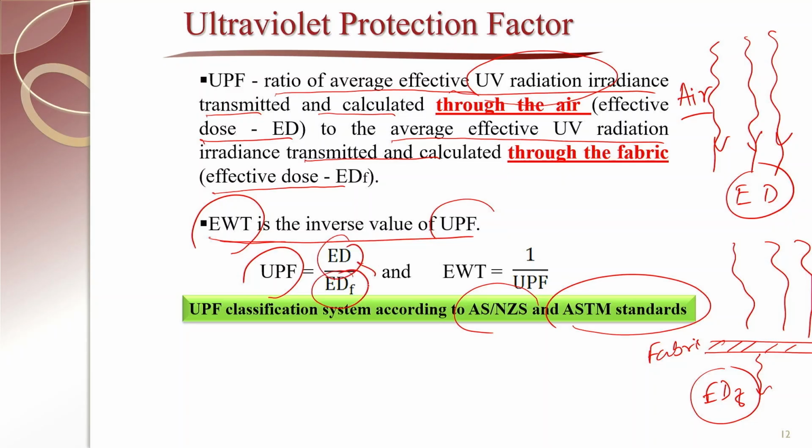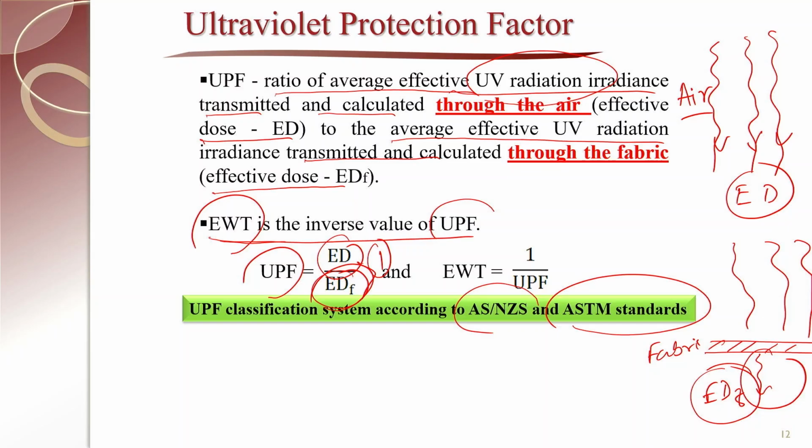which is typically more than 1 for a fabric. So, the higher the value, the higher the UPF. If the EDF, the transmittance, is lower, then the value of UPF will be higher.